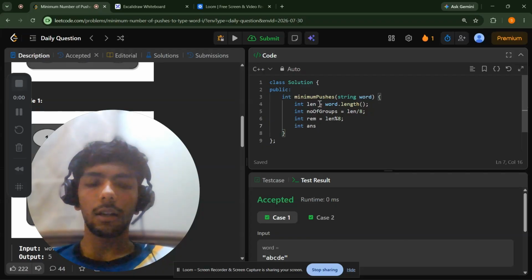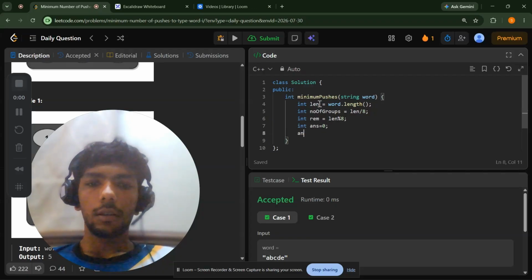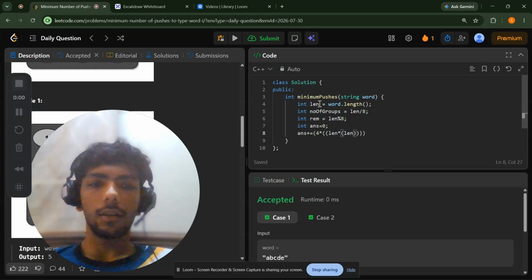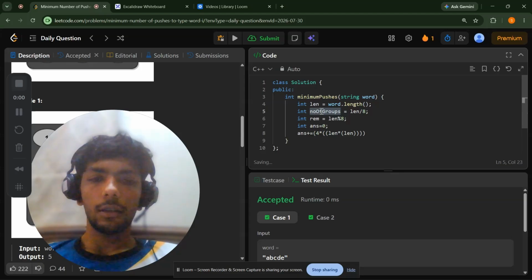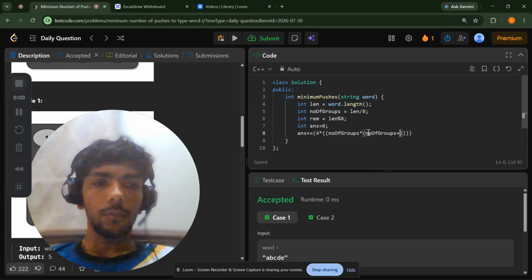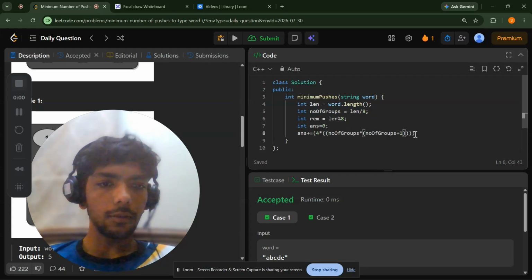This is a counter, and plus equals 4 star number of groups, not length but number of groups, times n plus 1. I guess there is one extra.